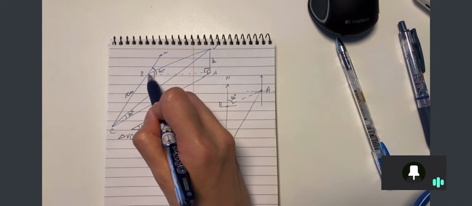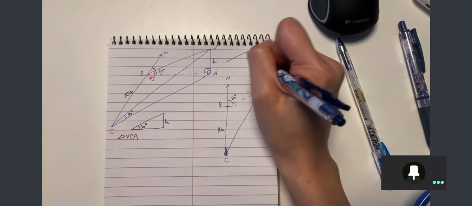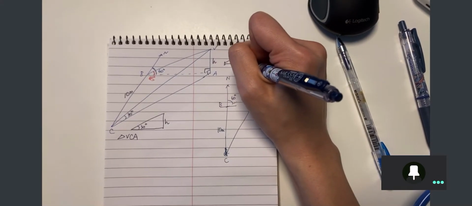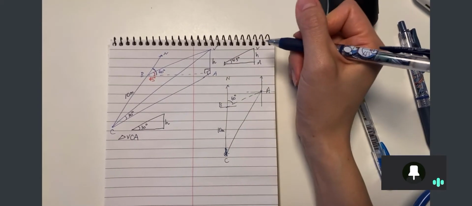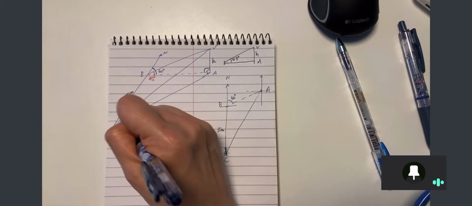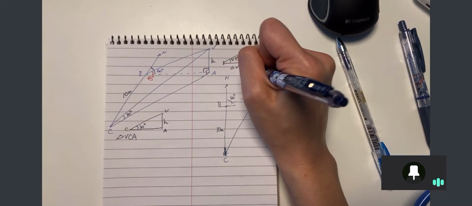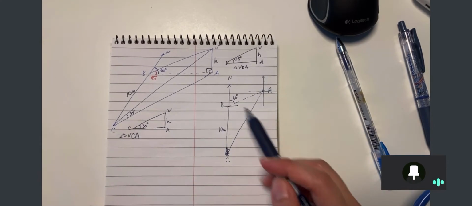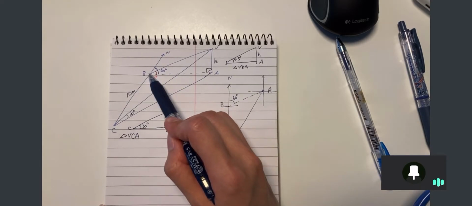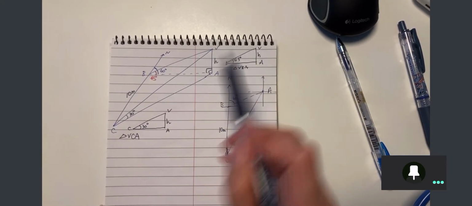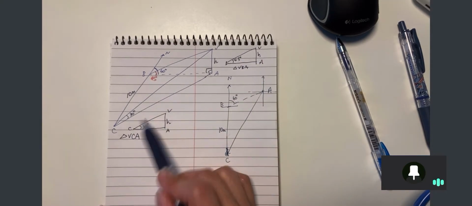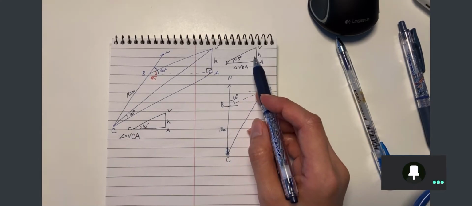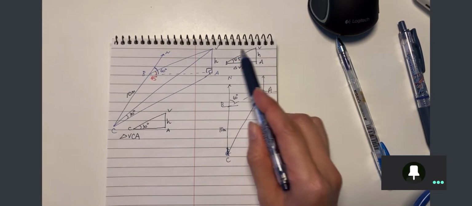And then you can also have a figure here, VBA, you have the 45 degrees here, you have the H here. Okay, you can have different triangles. One from the top view, one from the VBA here, and then one from the VCA here.